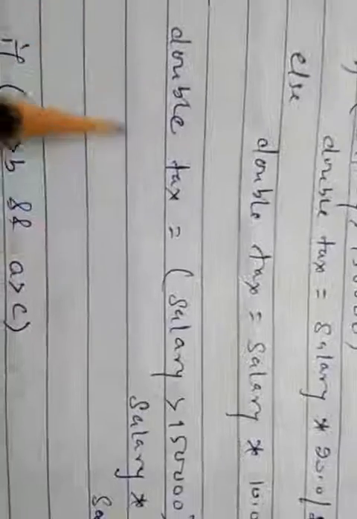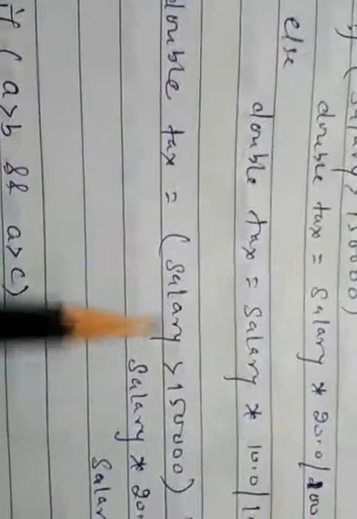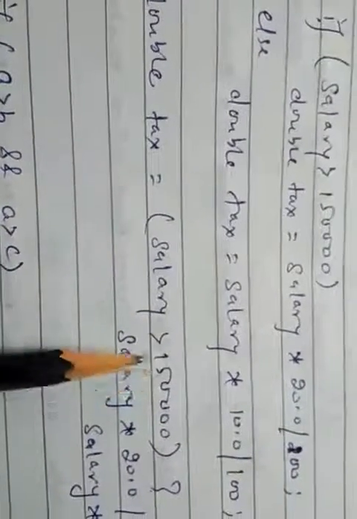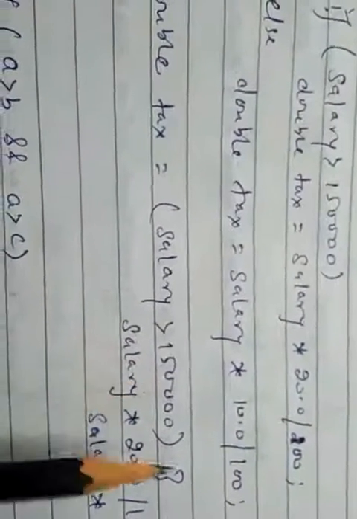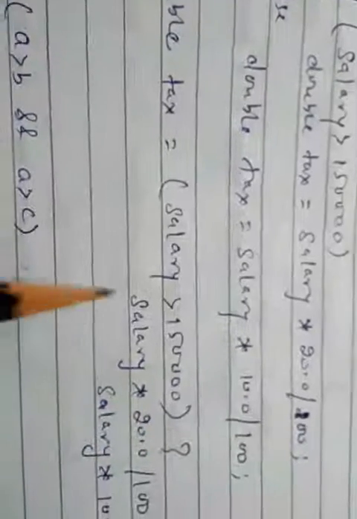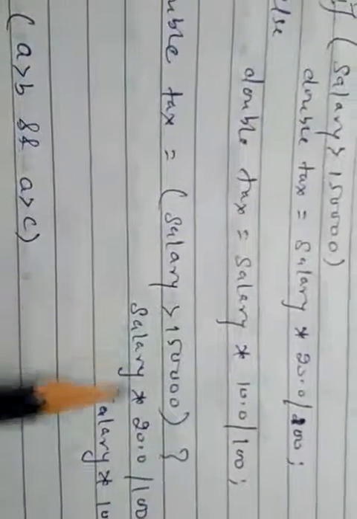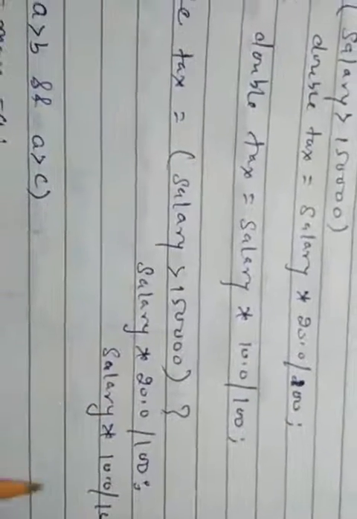So what will be the coding? Double tax equals salary greater than 1,50,000. After the question mark, we write the true portion: salary into 20.0 upon 100, else salary into 10.0 upon 100. So this is the true portion and this is the else portion.